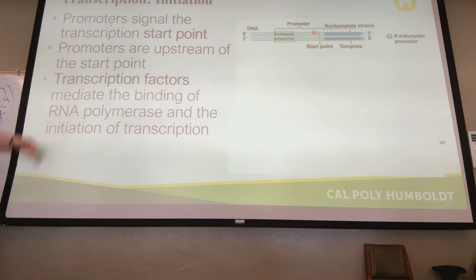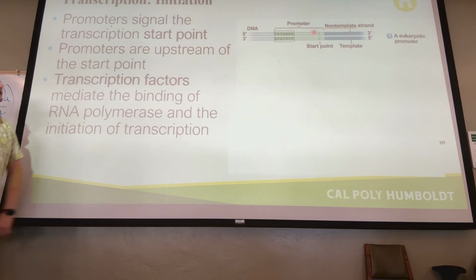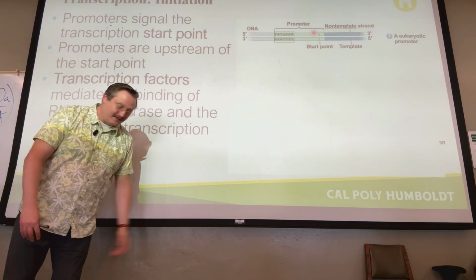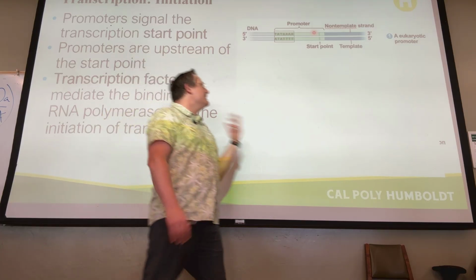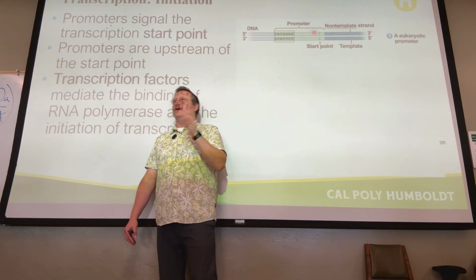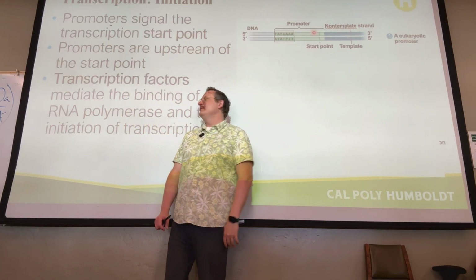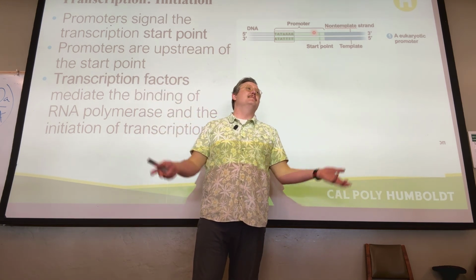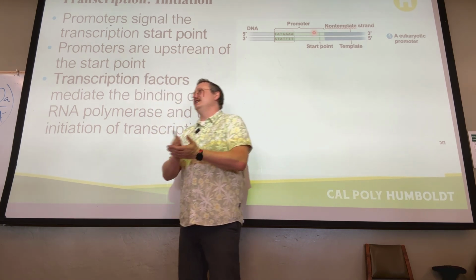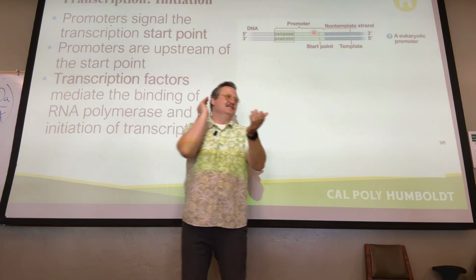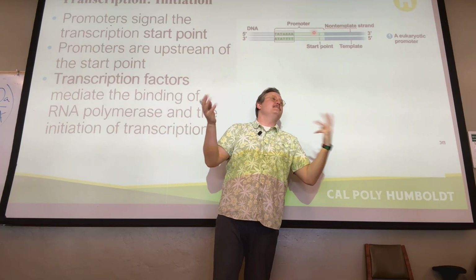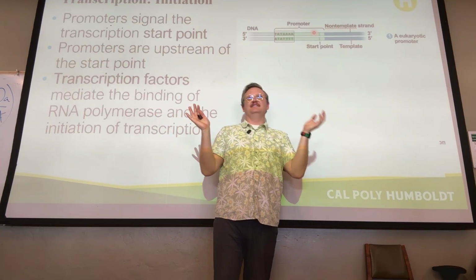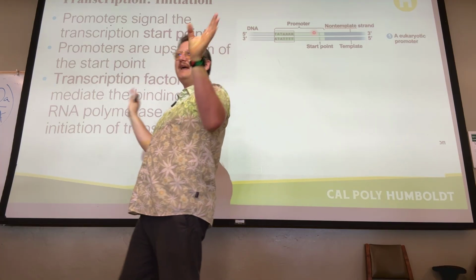Okay. Transcription factors. I've said it already, but if all you needed was a promoter region for RNA polymerase to bind, then RNA polymerase would be producing the mRNA for every single gene that every single cell could possibly make, and you wouldn't be able to have different cell types. It'd be energetically wasteful.